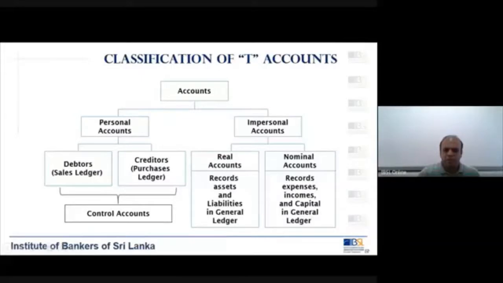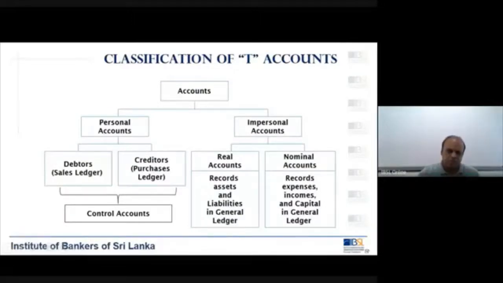Similarly, when the business owes money to somebody outside, they are called creditors. These debtors and creditors arise in the event of a credit sale or a credit purchase. When you are doing cash sales or cash purchases, these are not relevant. So you have to remember that it is only applicable in the case of a credit transaction.